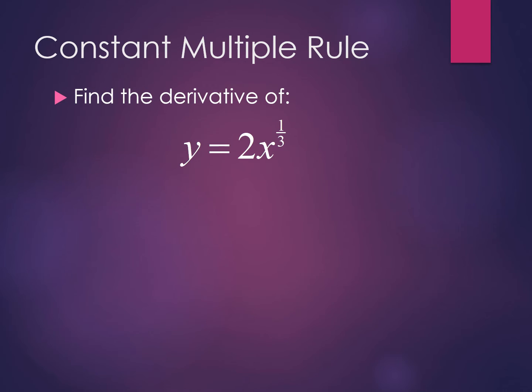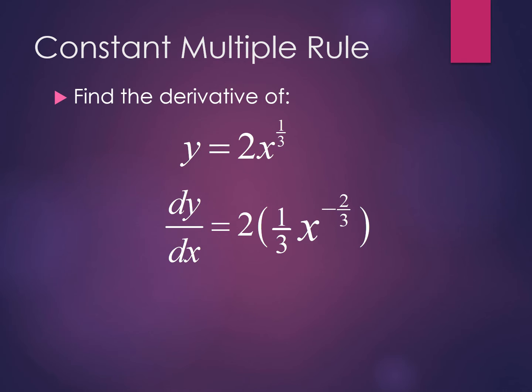So let's move on to the constant multiple rule. Let us find the derivative of y equals 2x to the 1/3. In here, we are going to separate your constant. After separating it from your function, get the derivative of your x to the 1/3.